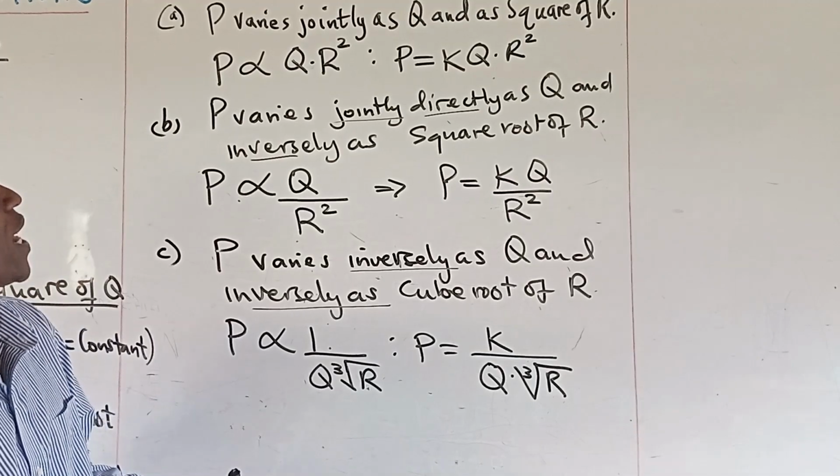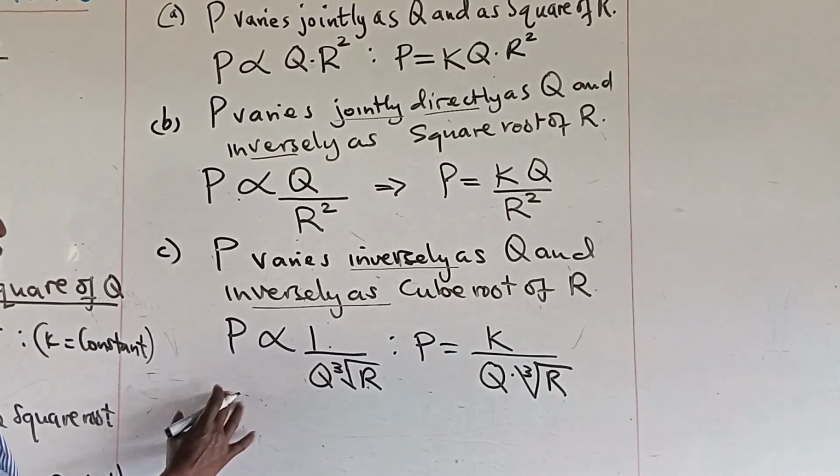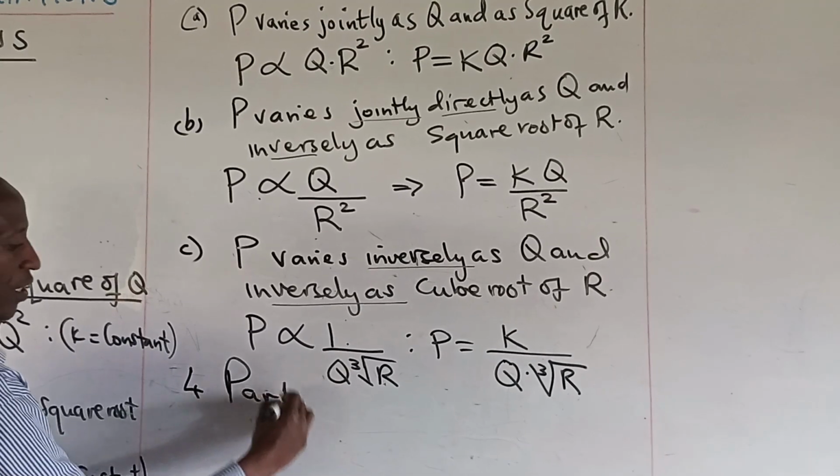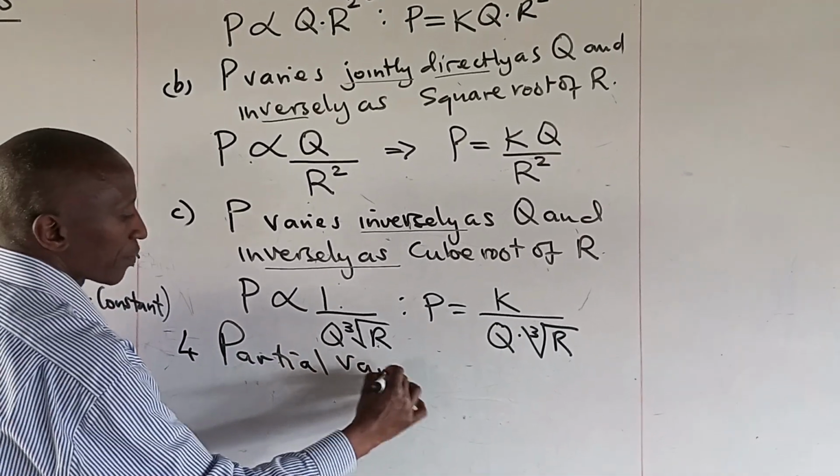Finally, I would like us to look at number 4. We use this case, number 4, for partial variation.